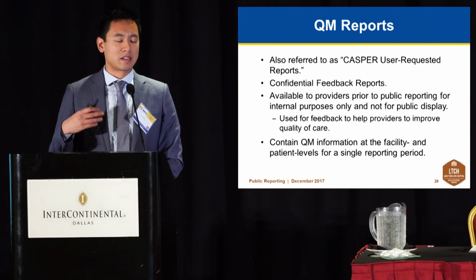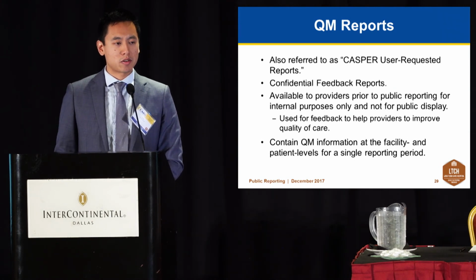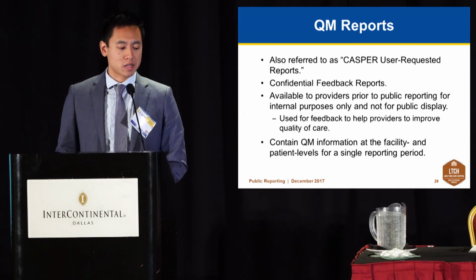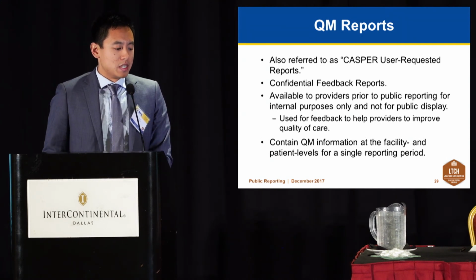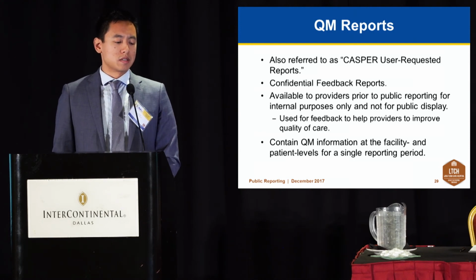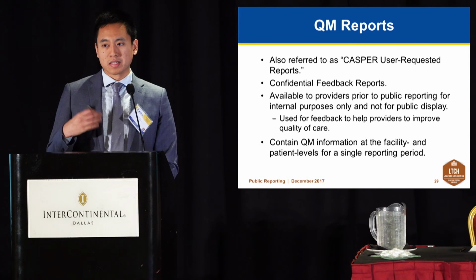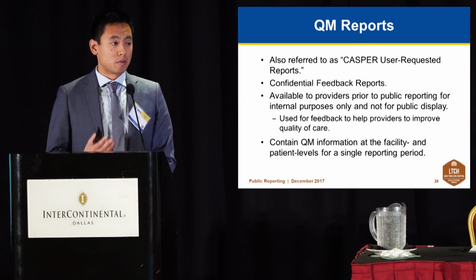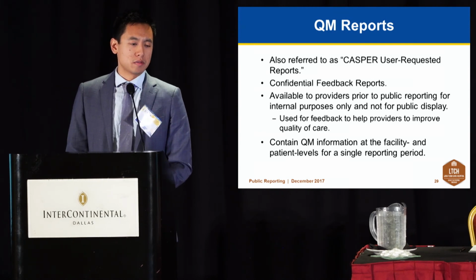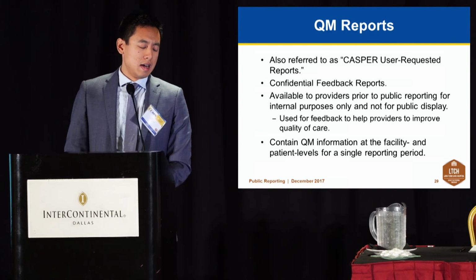In the rule, they are referred to as the confidential feedback reports, but for this purpose, we'll call them QM reports. These are available to providers prior to public reporting for internal purposes only and not for public display. This is especially true since these reports do contain patient-level data. These are used for feedback to help providers improve quality of care.